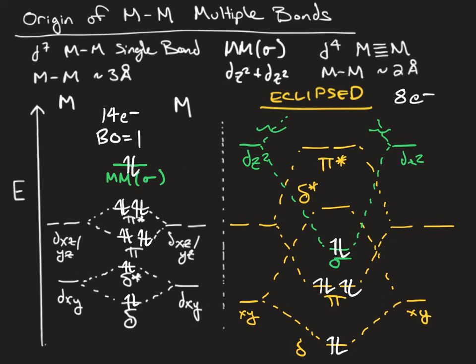So if we're looking at the bond order for this, what you get is a bond order equaling 1/2 of 8 minus 0. So your bond order equals 4. It's a quadruple bond. It contains 1 sigma bond, 2 pi bonds, and 1 metal-metal delta type bond. So this is the origin of that quadruple bond in d4 metal-metal dimers.